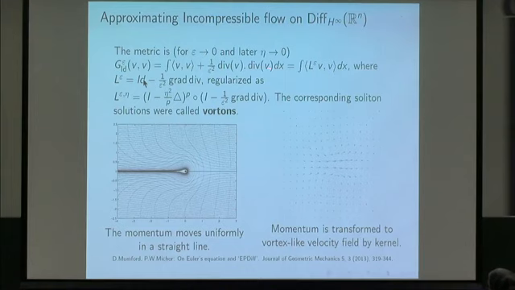Then we integrate by parts here, and we get the form that we discussed before, where now this L epsilon is identity minus 1 over epsilon square grad div. Not div grad, which is Laplace, but grad div. This is not elliptic. Unfortunately, this grad div has rank 1.